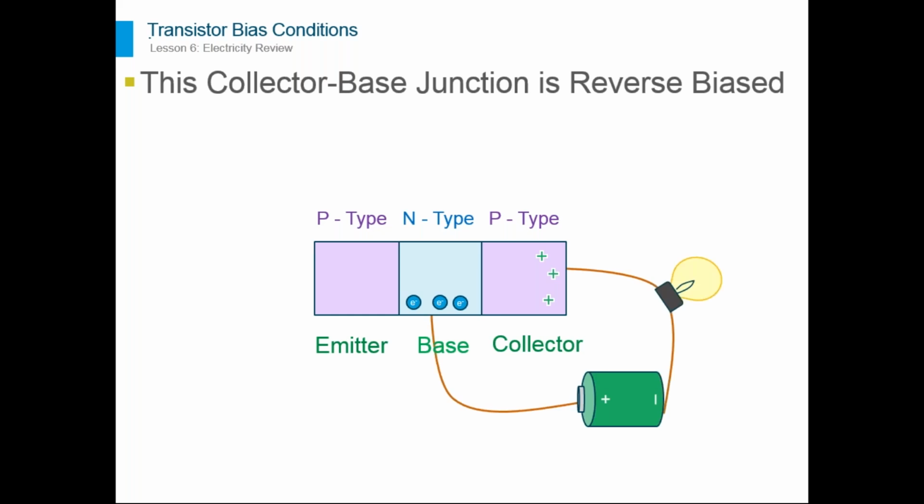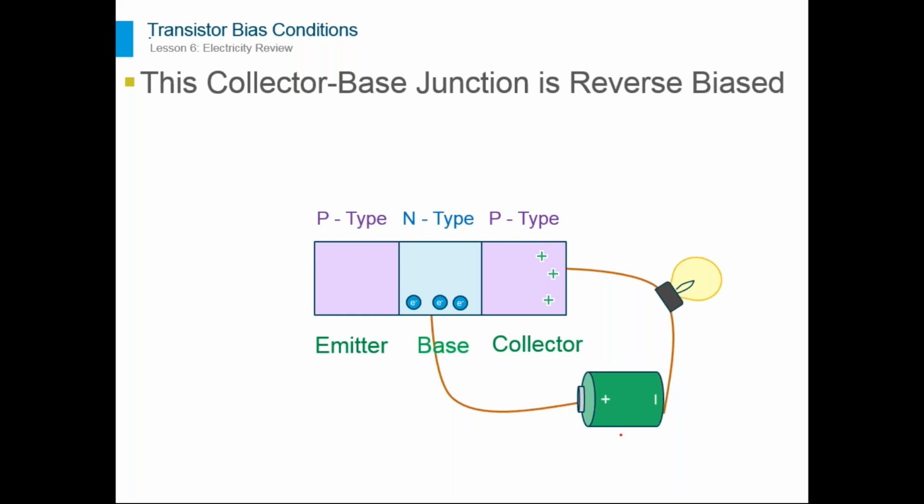Now, looking at a PNP transistor, where you have the P on the outside and the N in the middle, if the positive terminal of the battery is connected to the base like this, and the negative is connected to the collector, the collector base junction is reverse biased. The current will not flow easily through this transistor like this.